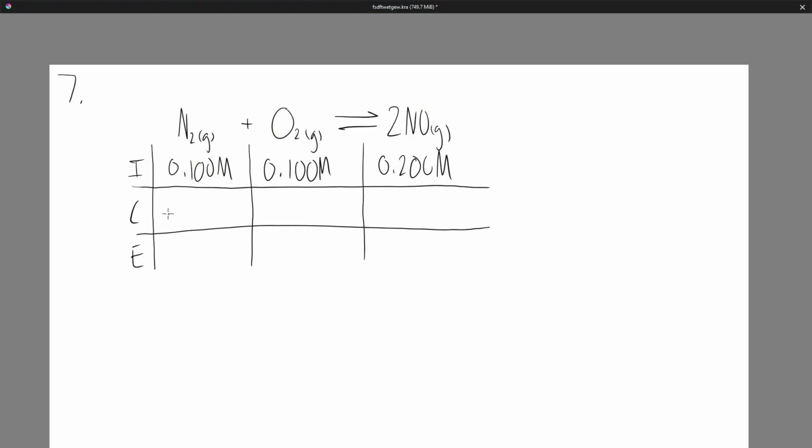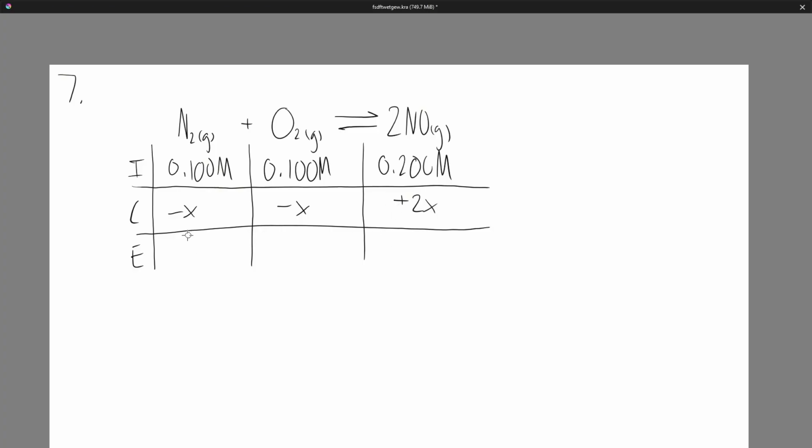Here, since it's a reactant, it's negative x. Same here. And for NO, or nitrogen monoxide, since it has a coefficient of 2 compared to N2 or O2, it's double that. So instead of just 1x, we put plus 2x.